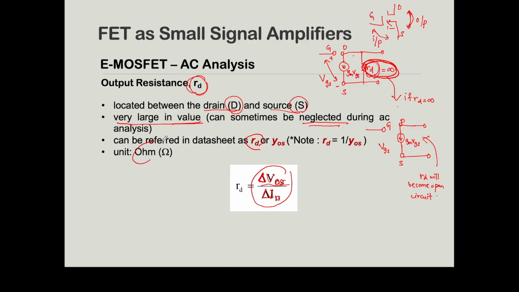The unit is ohm, voltage divided by current. But in most of our cases, rd is very large in value, and therefore you can consider rd as infinity. Always remember, in our circuit analysis, rd is very large, so it will become an open circuit. Therefore your hybrid pi model will look as such.